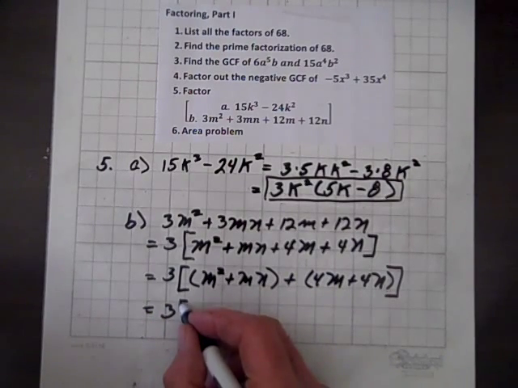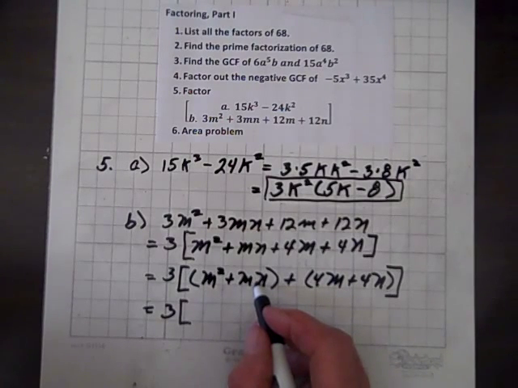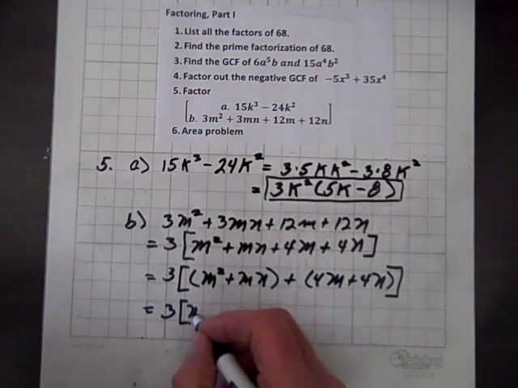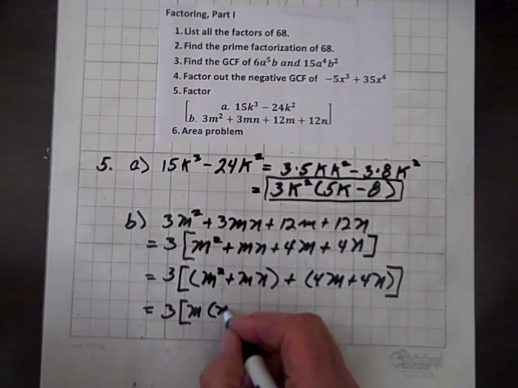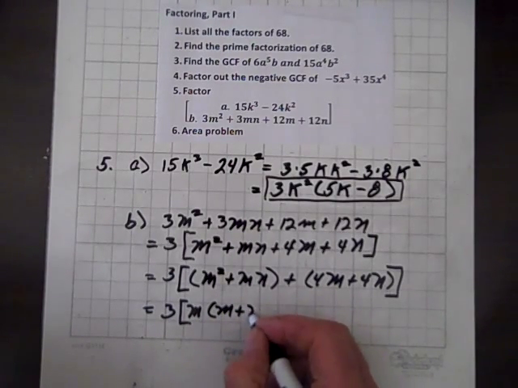So now, look at these 2 terms. We can factor an m out of each of those, and we'll be left with m times the quantity m plus n.